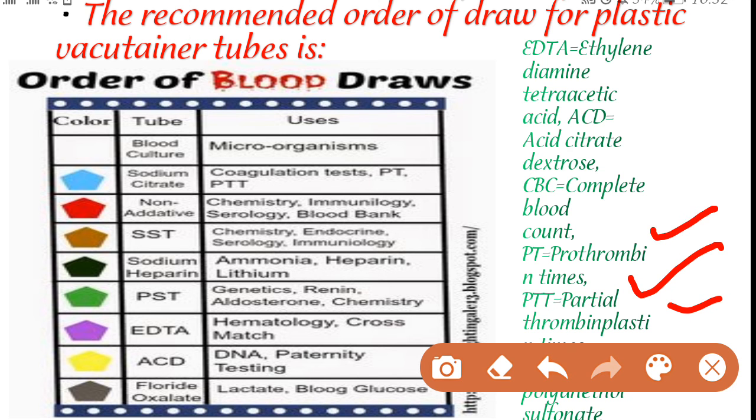Non-additive tubes are for chemistry, immunology, serology, and blood bank. The red one is a clot tube. Clot activator gel, SST, is for chemistry, endocrine, serology, immunology.